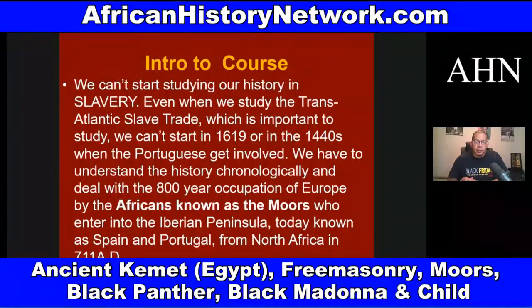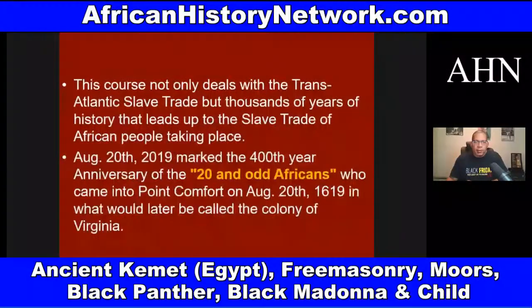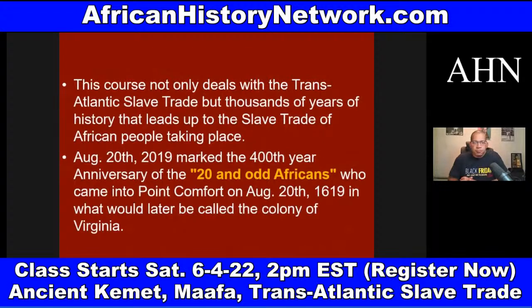We have to understand the history chronologically and deal with the 800-year occupation of Europe by the Africans known as the Moors, who entered the Iberian Peninsula, today known as Spain and Portugal, from North Africa in 711 AD. And the Moors are taking the teachings from ancient Kemet, from ancient Egypt into Europe. From the Nile Valley region of Africa, they're taking this into Europe, and this is what is going to bring Europe out of the Dark Ages, and it's going to be to our detriment.